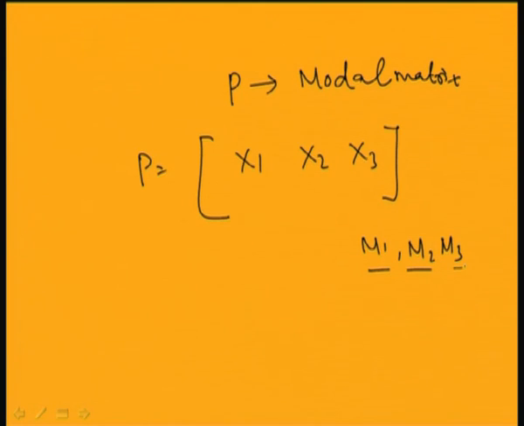So, M1 can be obtained from this: M1 equals x1 dash M x1, M2 equals x2 dash M x2, and similarly M3 equals x3 dash M x3.